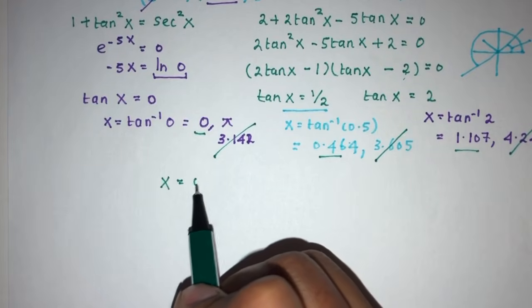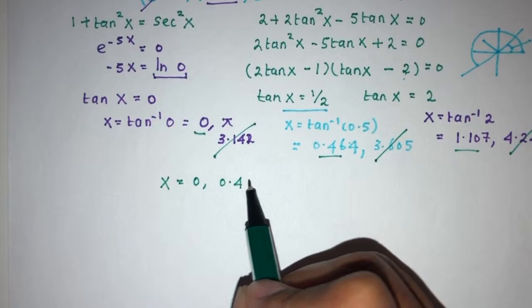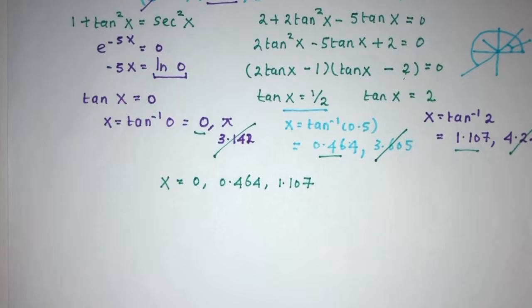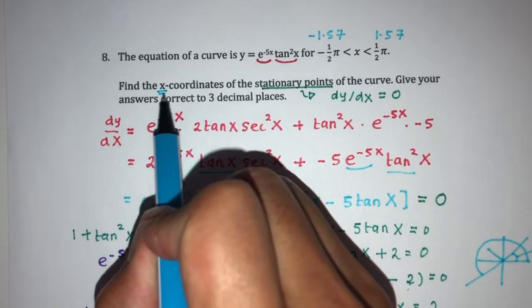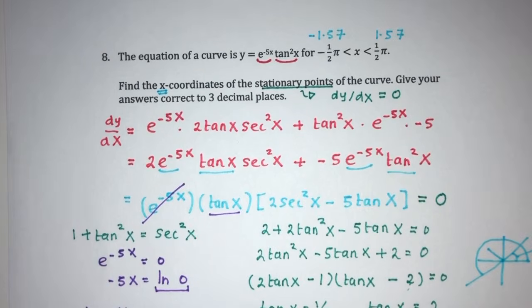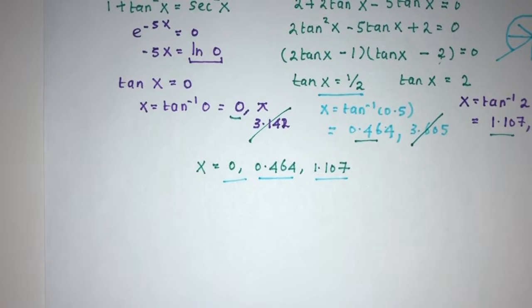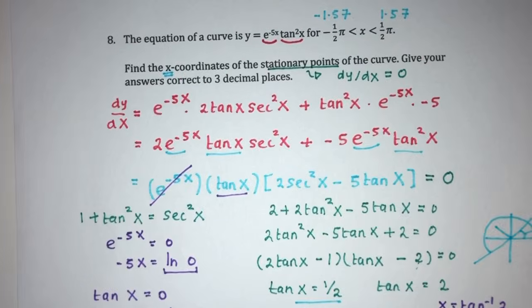X can be 0, 0.464, and 1.107. Okay, so here you can see they were asking you for the x coordinates only. So we have those x values correct to 3 decimal places. Okay, so here you go. That should be your answers for question number 8.